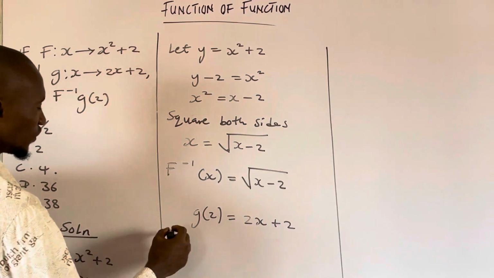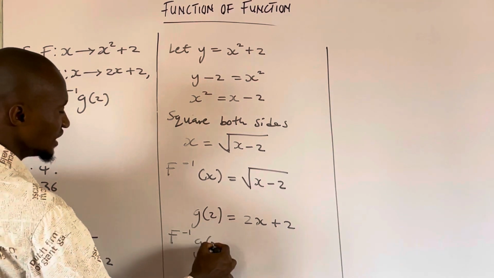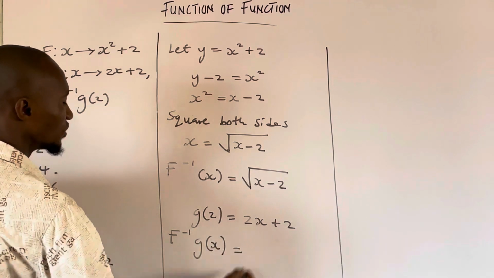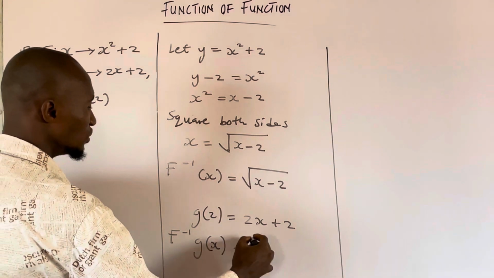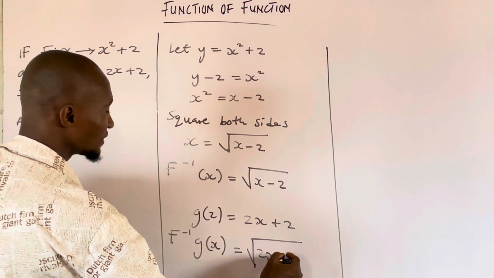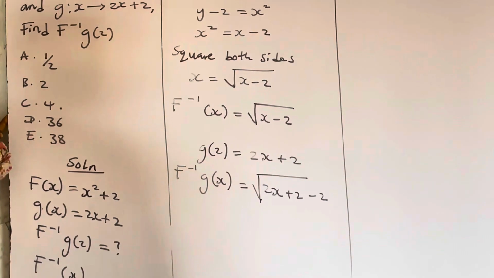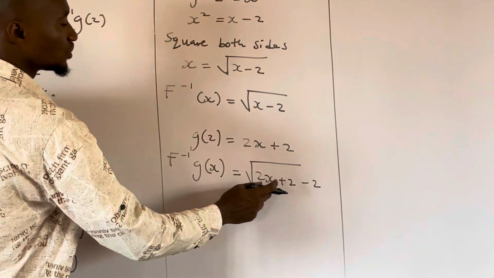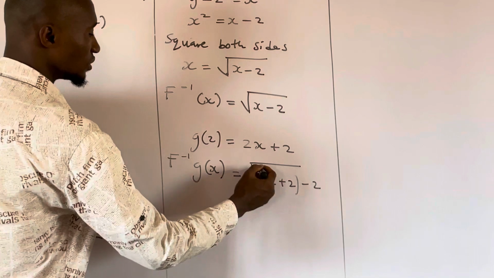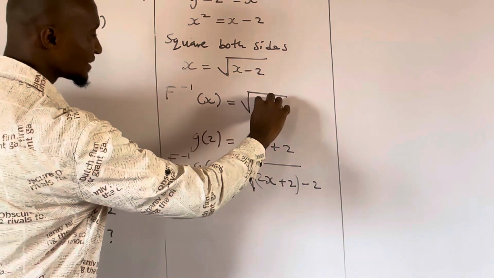So let's first of all look for f inverse g of x, which will give us root in bracket 2x plus 2 minus 2. This 2x plus 2 is representing this x here.